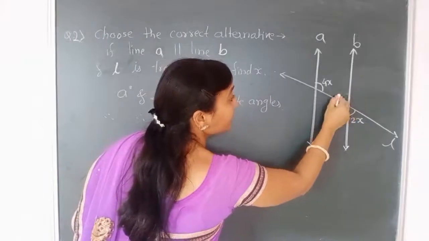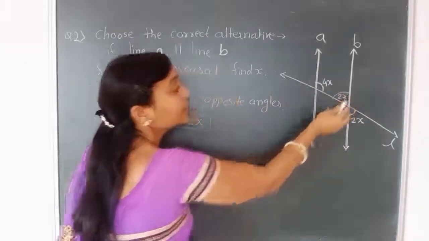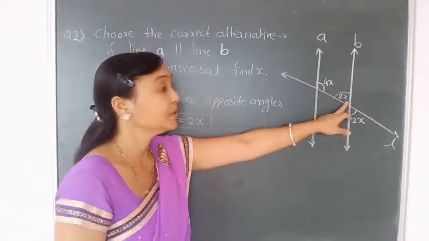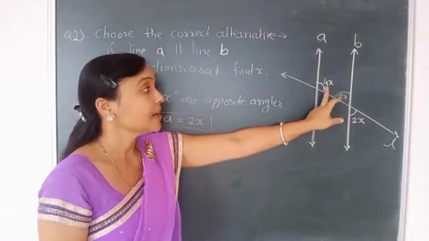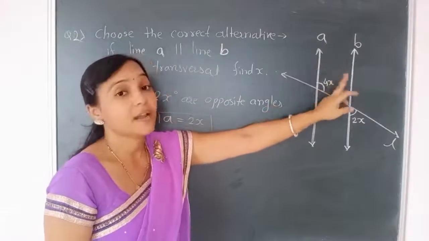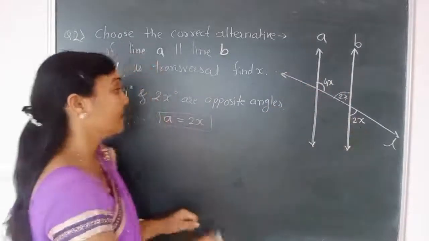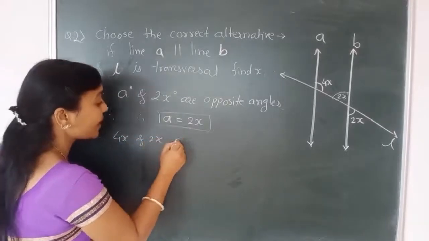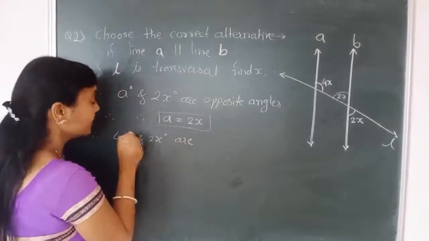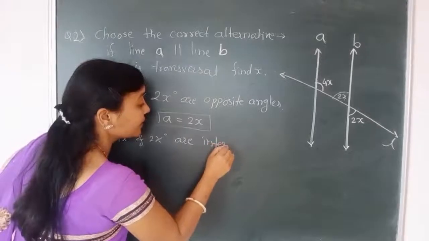So we can write here 2x, and now we know that the relation of 4x and 2x is that these are interior angles, because these angles are formed by two parallel lines and one transversal.